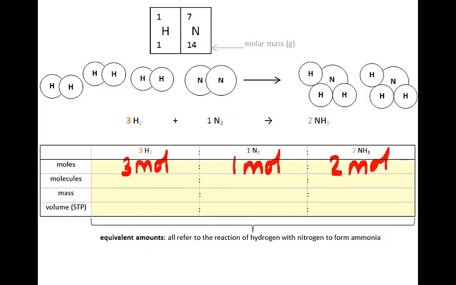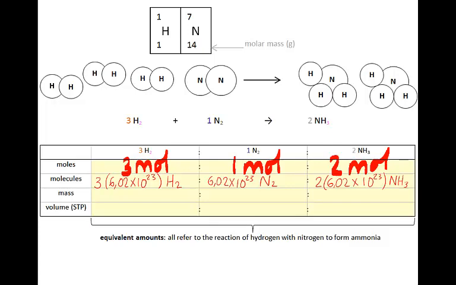That is also 3 molecules is to 1 molecule is to 2 molecules, but let's write it in full. 3 times 6,02 times 10 to the power 23 molecules of hydrogen is to 1 mole, which is just 6,02 times 10 to the power 23 molecules of nitrogen, is to 2 moles, 2 groups of 6,02 times 10 to the power 23 molecules of ammonia.